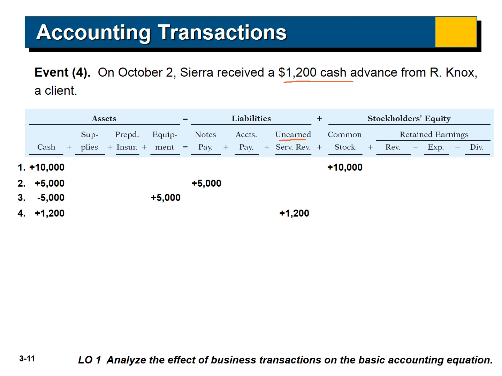Now this is a little tricky because a lot of people want to put that into the revenue account, but it's not revenue yet because it only becomes revenue once you've earned it, once you've provided the service. Remember, revenue is only something when you provide a service or deliver a product. We have not yet provided the service and we owe that customer that service.